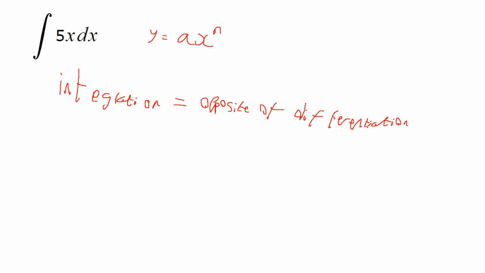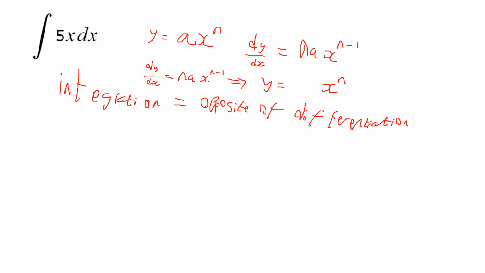If y equals that, then dy dx is equal to na times x to the power of n minus 1. Which means that the opposite is true. If dy dx is equal to na x to the n minus 1, then it means that y is equal to a x to the n, because we need to add the power, and then it's x to the n plus 1 over n plus 1.